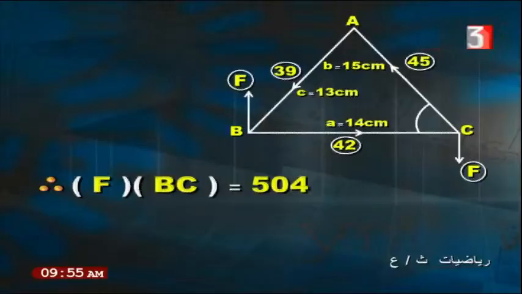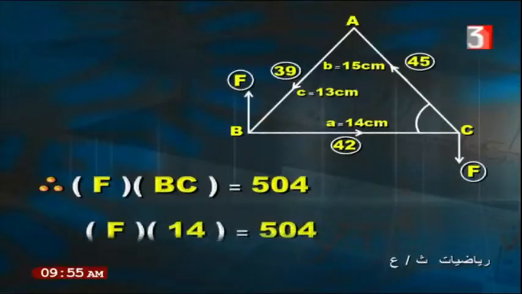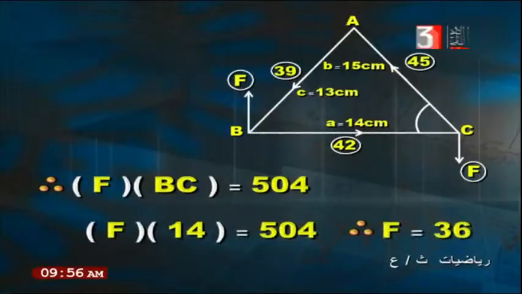The clockwise one is negative, but dividing 504 by 14, we find the value of F equals 36.